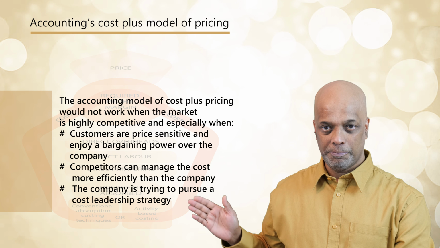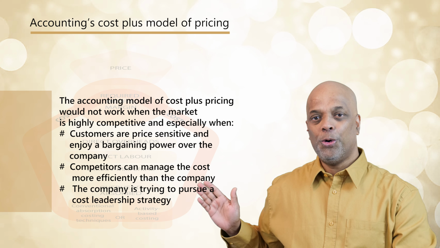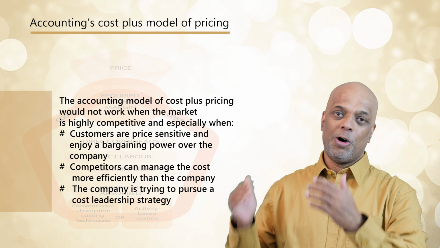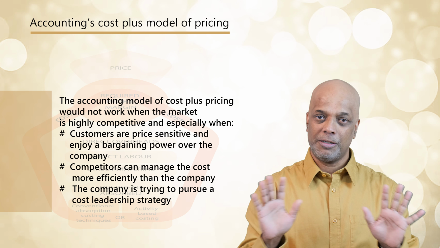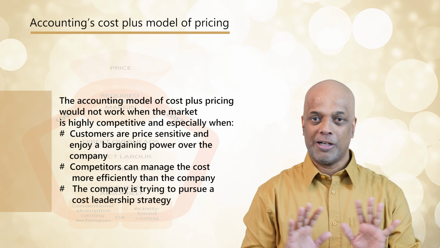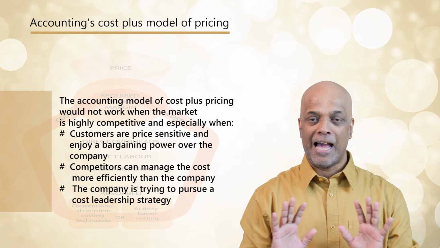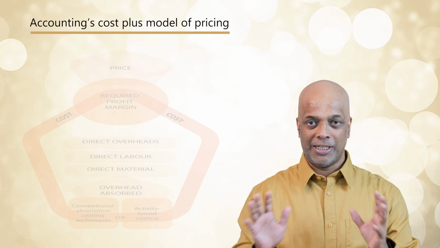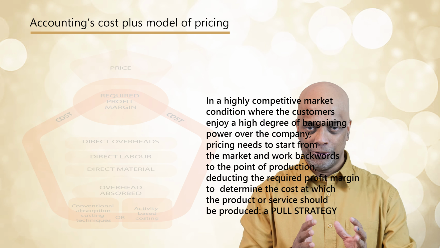You can't simply dump all your inefficiencies, all your wastages, all your cost onto the customer. Customers would not take it, and your competitors would not let it happen. So in such a scenario, you have to rethink your pricing.